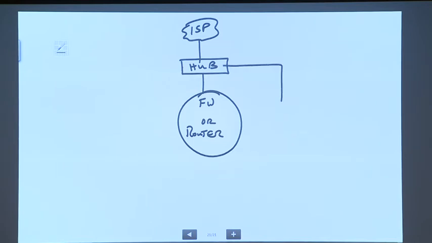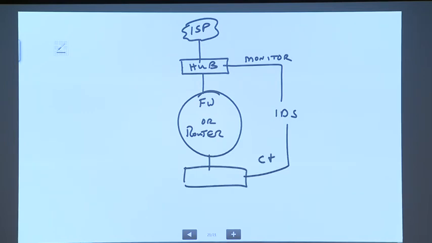We're going to come out of here down to my IDS. This is known as the monitor side, and this side is known as command and control. So this is my command and control. This is a switch, and this is my inside network.